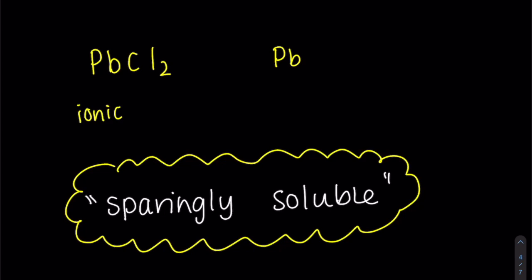Each chlorine is in group 7, which means that it has a charge of -1. So if I need to have 2 Cl minuses to match up with my lead, that means that my lead must be 2+ because we want our charges to cancel out. So +2 plus -1 times 2 gives me 0. That's a happy balanced equation.